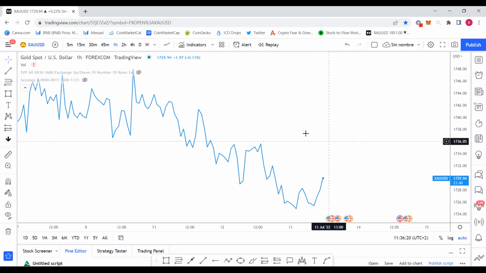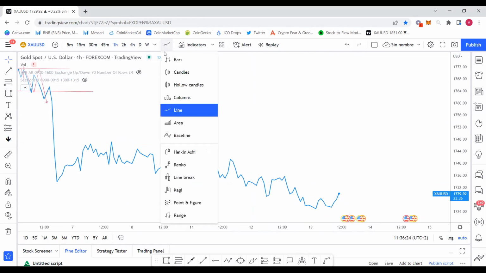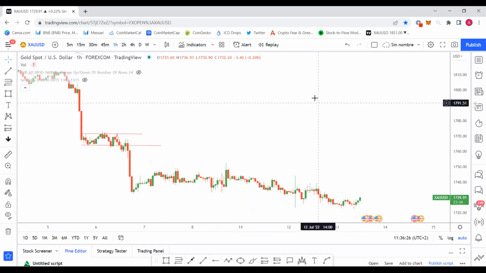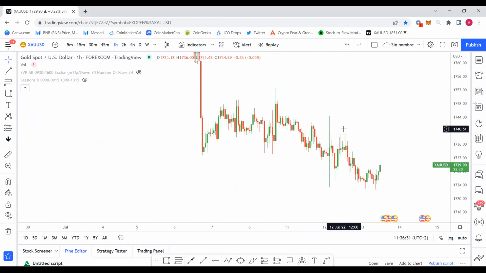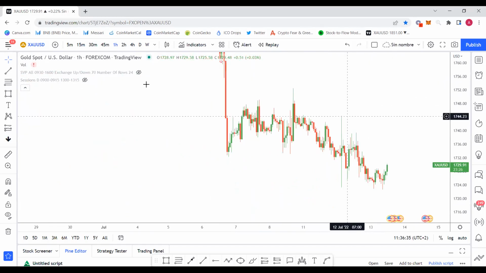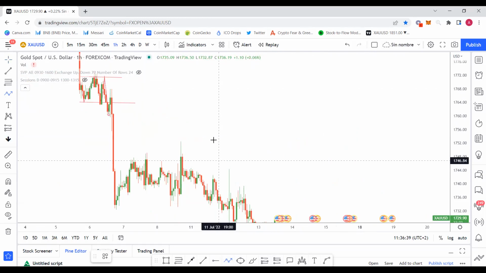And yeah, okay, let's look at the main patterns that apply to gold. The only patterns I look at, guys, these are the only patterns I look at for gold. And these are very simple, very easy. I will draw them. Let's see if you can tell me their names.